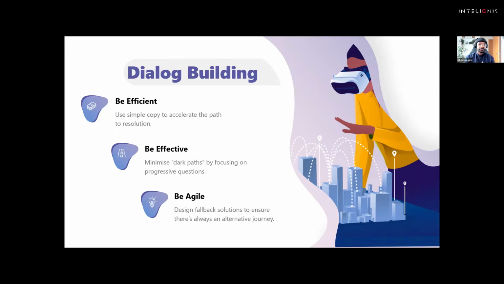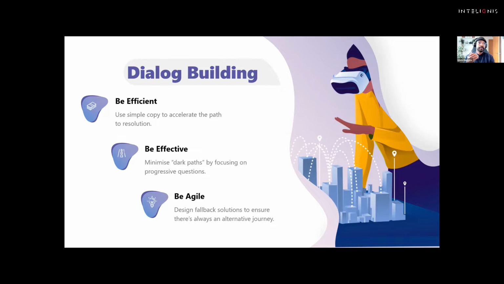Be effective. So instead of creating unconscious friction points, always move the conversation forward with progressive questions. This way, the bot controls the pace and the progress, avoiding conversational loops and ensuring effectiveness is as high as possible.